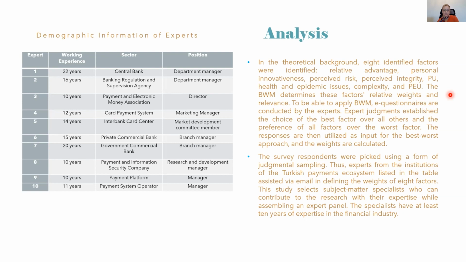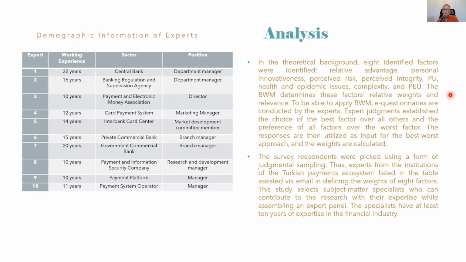To apply this method, e-questionnaires were conducted with experts. Expert judgments established the choice of the best factor over all others and the preference of all factors over the worst factor. The responses are then utilized as input for the best worst approach, and the weights are calculated.